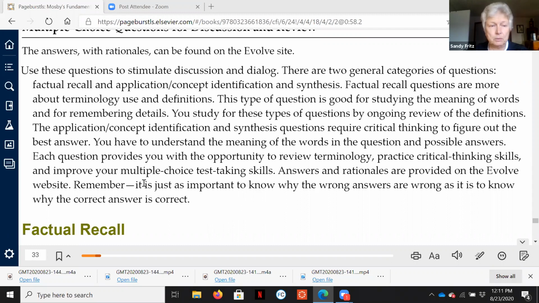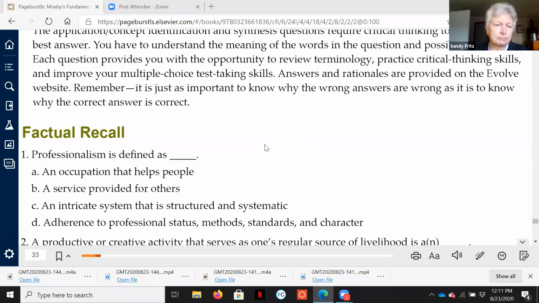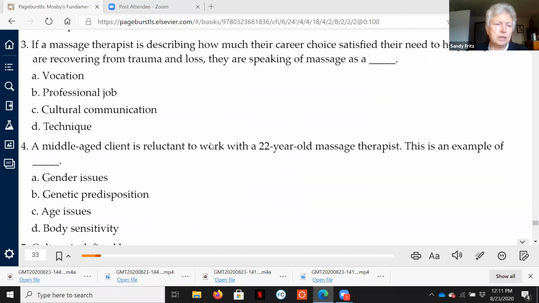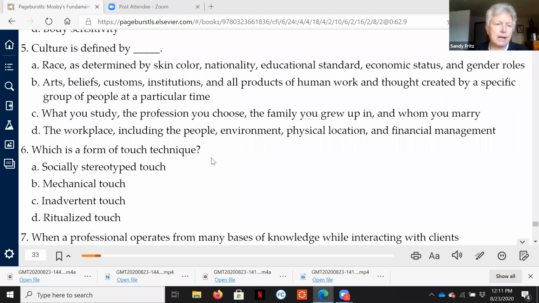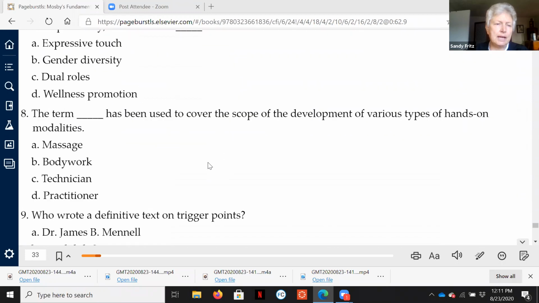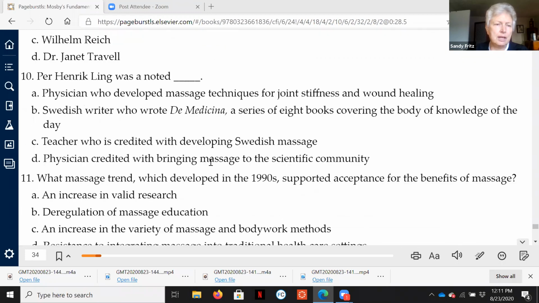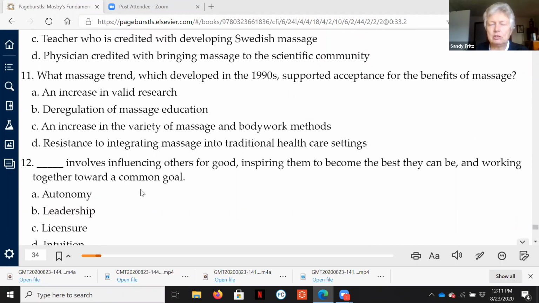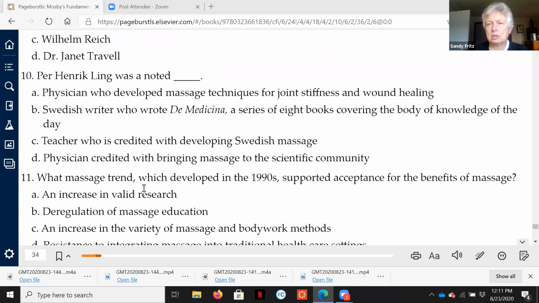So let's look at a few of these. I've got 1, 2, 3, 4, 5, 6, 7, 8, 9, 10, 11, 12 definition type based questions.